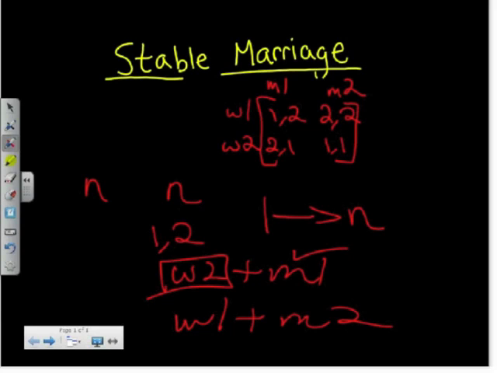And let's look at man 2. He chose woman 2 as his first choice, so he'd rather be with her and she would rather be with him. So in this world, we would have man 2 and woman 2 eloping together, and then this would lead to an unstable marriage.